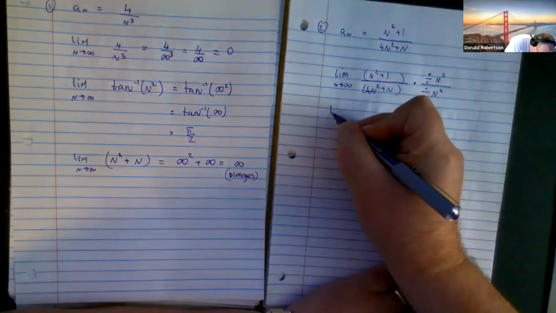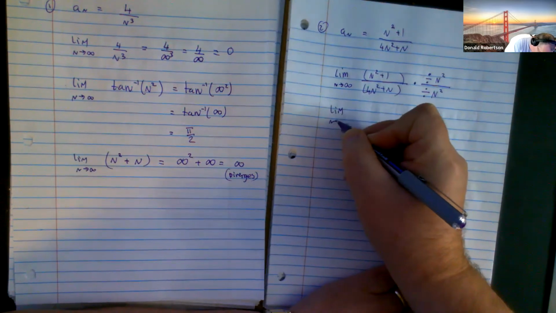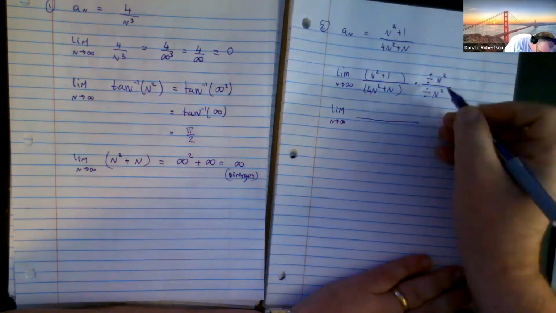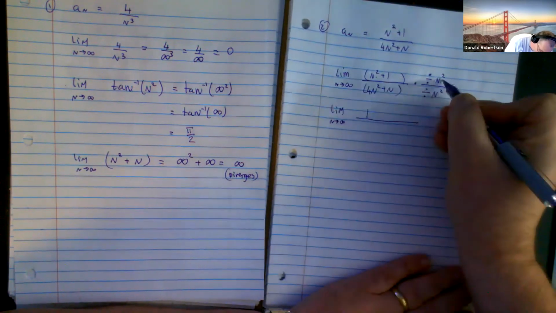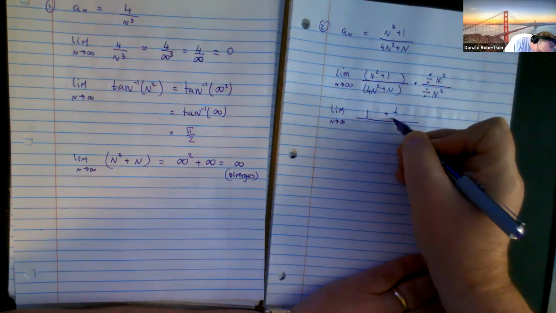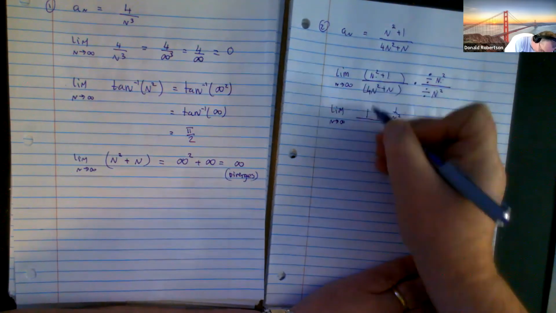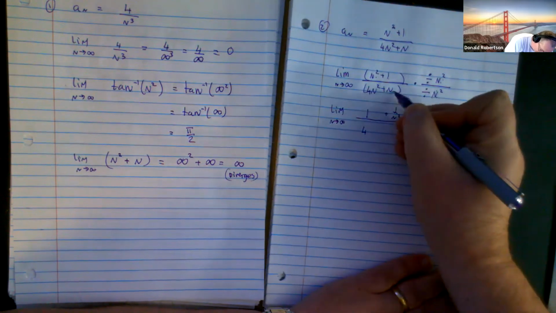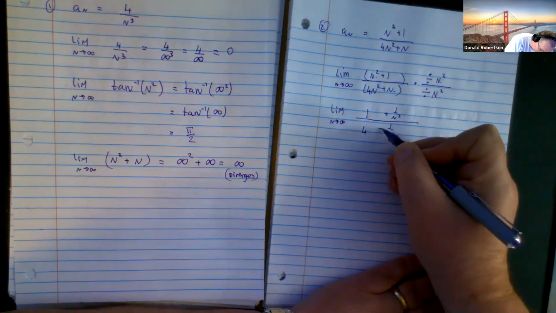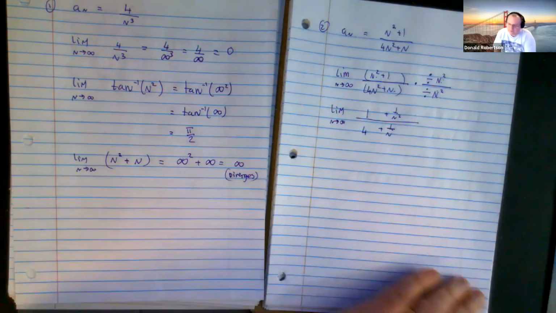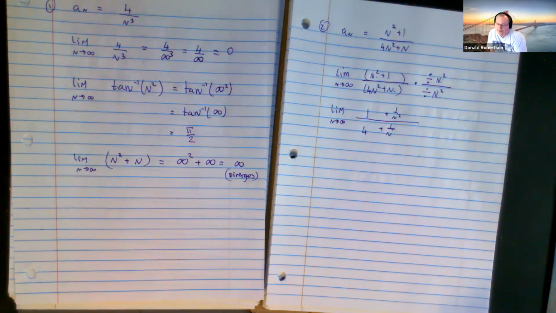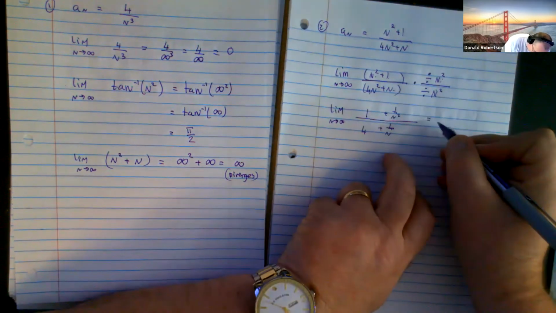No matter what situation you've got, these two must be the same. And this divide by n squared is essentially multiplying by 1 over n squared, but that looks weird. So what does our fella become when you do that? Well, you take each term in turn and divide it, and that gets you 1. Divide that guy, and you get 1 over n squared. Divide this guy, you get 4. And divide these, and you get 1 over n. Now, once you've done the divide top and bottom by n squared, n cubed, it's always a power of n of some kind. You can then finish by doing the brute force part.